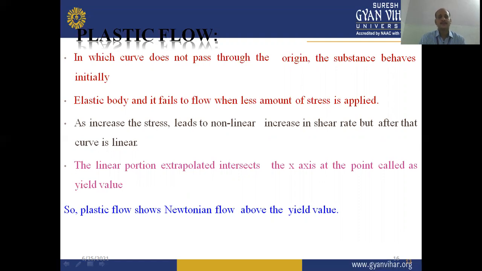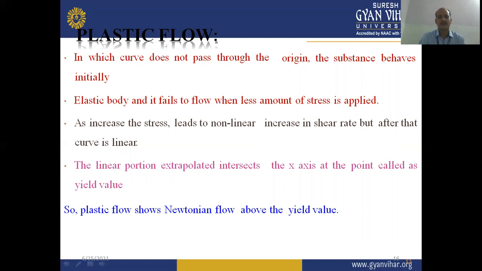So plastic flow shows Newtonian flow above this yield value. Above the yield value, when we apply shearing stress, the system behaves like Newtonian flow, where the rate of shear is directly proportional to the shearing stress. This is the characteristic point known as yield value for plastic systems.